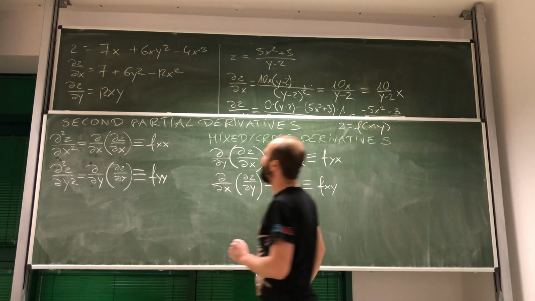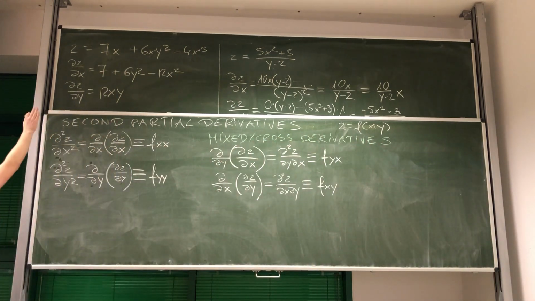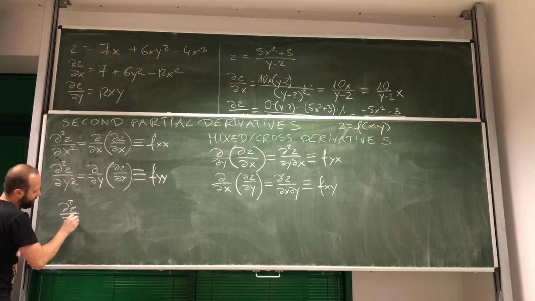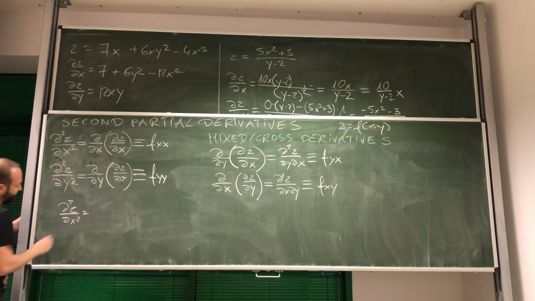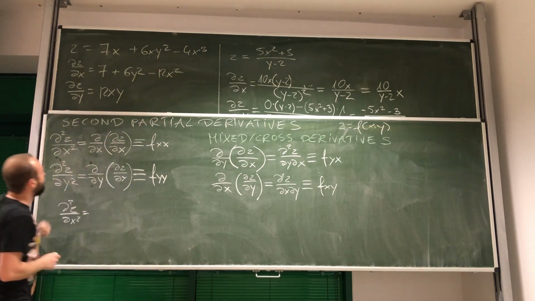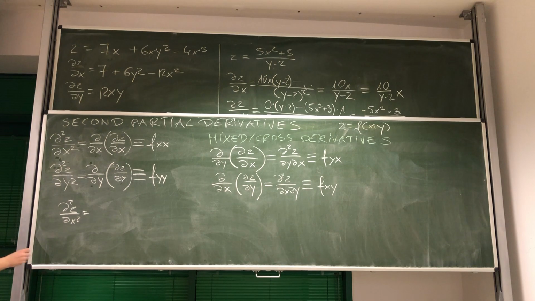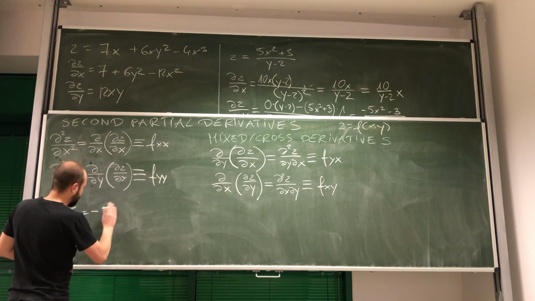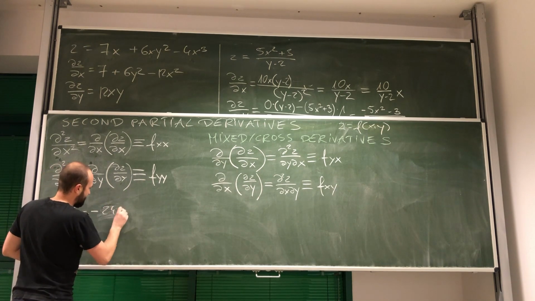So look, first I'm going to calculate d squared z over dx squared. So I'm calculating the derivative of this derivative with respect to x. It turns out that this is negative 24x.